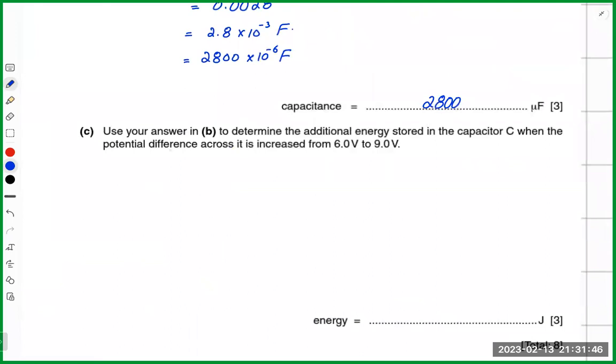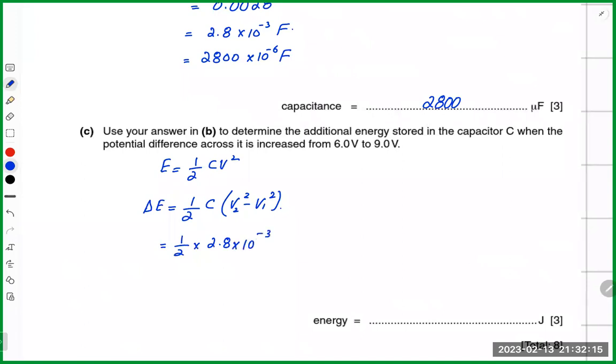So the energy formula is 1 over 2 CV squared. But the change of energy formula is 1 over 2 C times V2 squared minus V1 squared. So 1 over 2, and capacitance is 2.8 into 10 to the power minus 3, into 9 squared minus 6 squared.